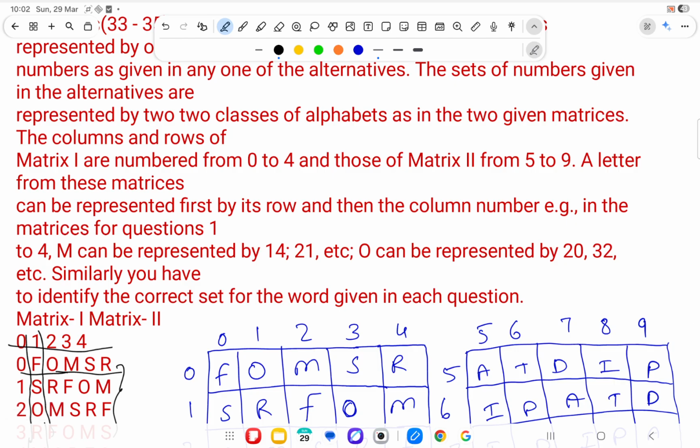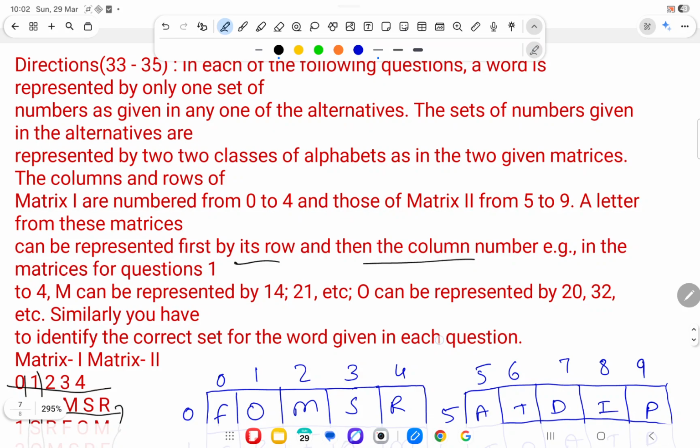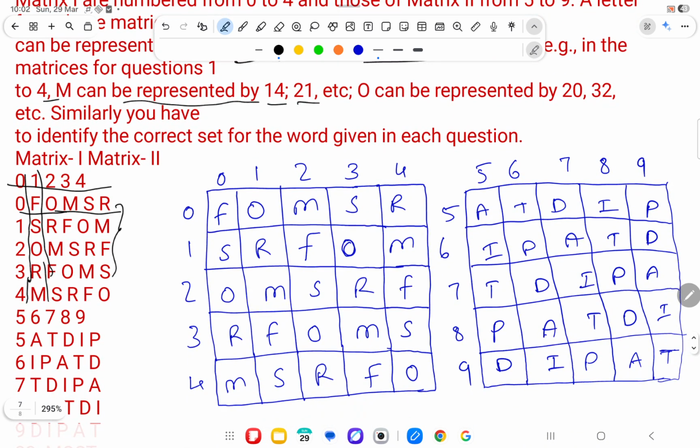A letter can be represented first by its row and then its column. Please read all the conditions. Again, they have given that M can be represented by 1 4 or 2 1 etc. M is 1 4: first row, fourth column, yes.